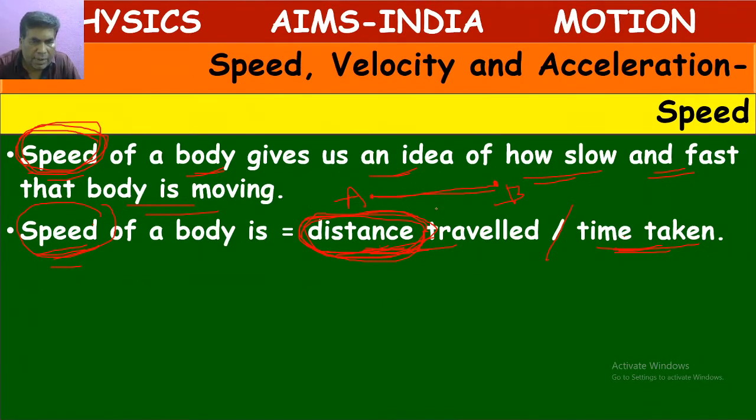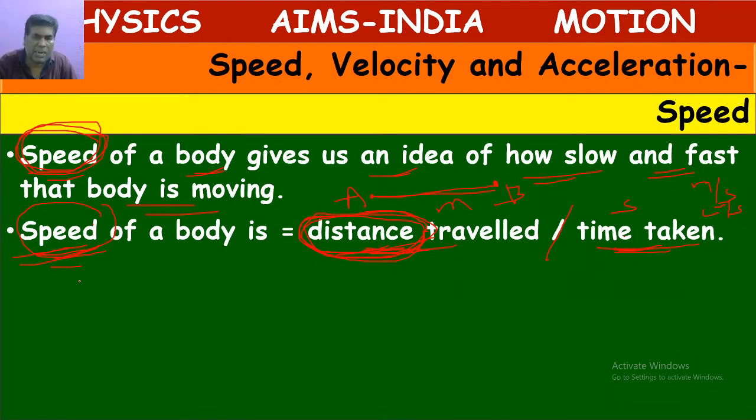Distance traveled is measured in meters. Time taken is measured in seconds. So the unit of speed is meter per second or centimeter per second. Or if you observe any city bus or private bus, on the front part of the driver's seat they will write, please drive carefully, not more than 60 kilometer per hour.